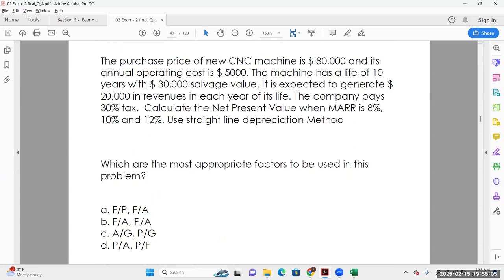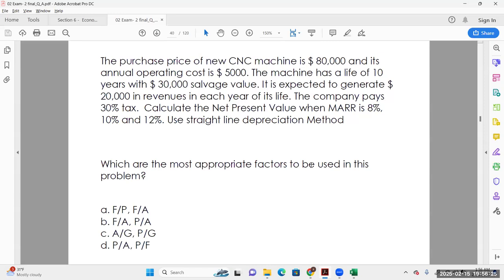Which is the most appropriate factor to be used in this one? P by A and P by F, right? Future to present and annuity to present.